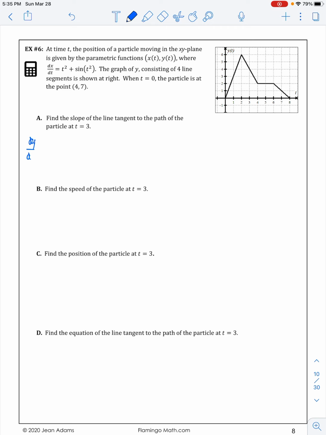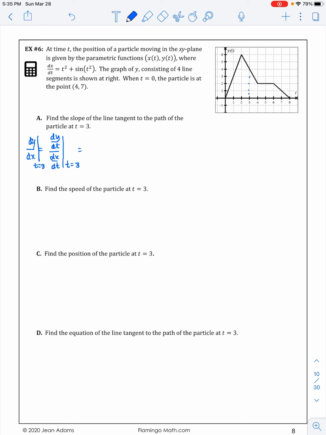Well, the slope of the tangent line is always dy dx. I told you that on the last slide, I think. And so that is found by taking your dy dt divided by your dx dt. If they want it at t equals 3, then this will be at t equals 3.